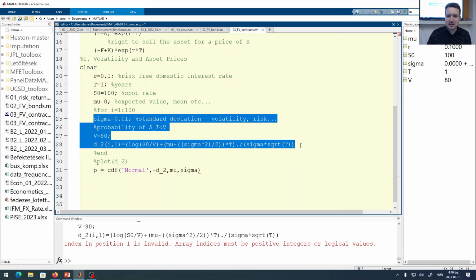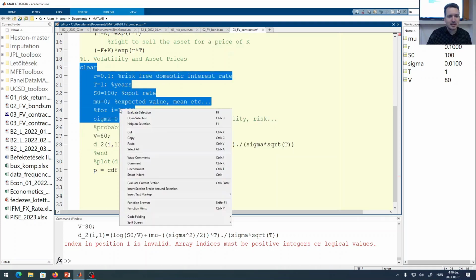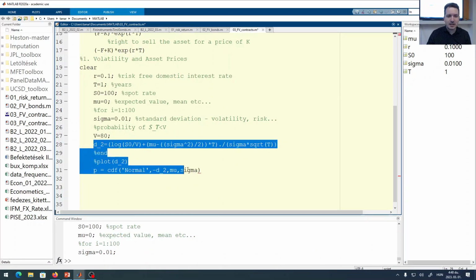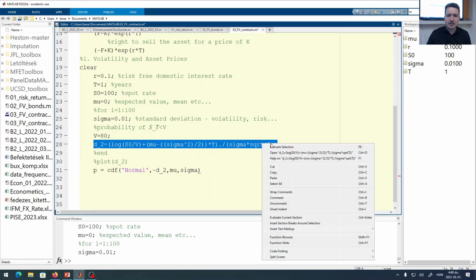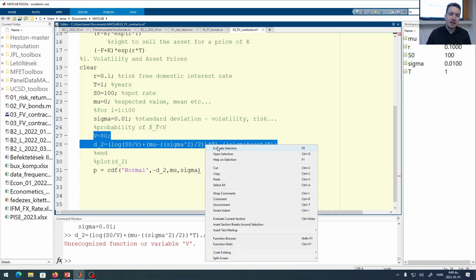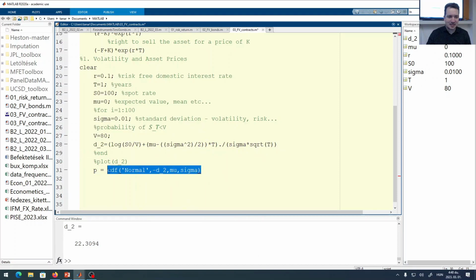So sigma is now a finite number. Yes, and also removing the for cycle from here. After executing my script, which was perfectly fine until I put the for cycle in it.